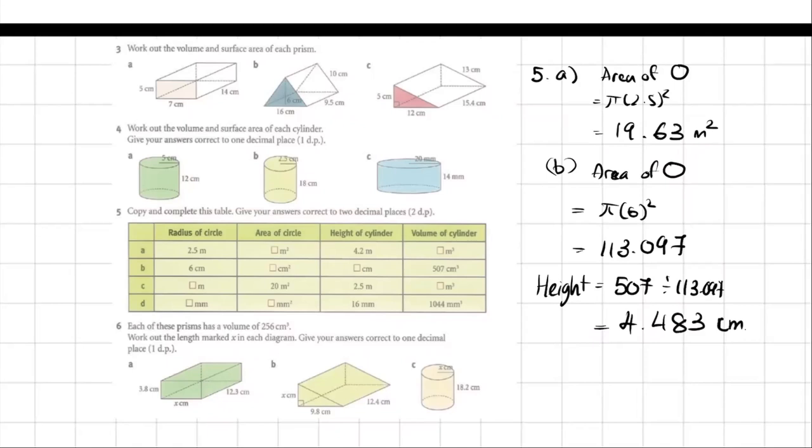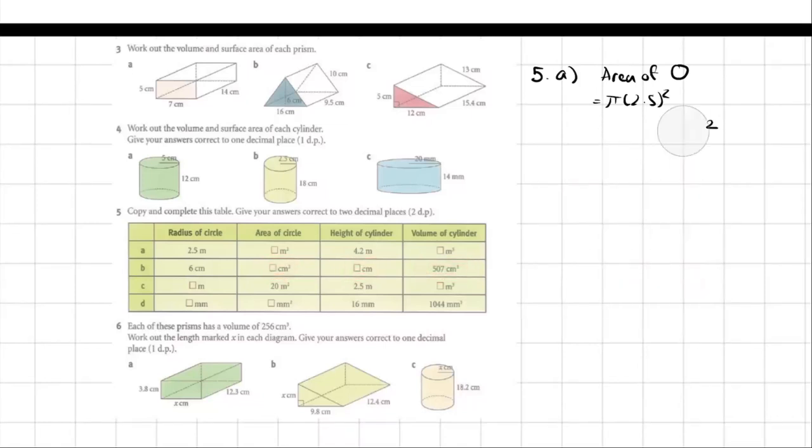Because you need to use this multiplied by this to get this. So in order to get the height of the cylinder, you use the volume of the cylinder divided by the area of the circle, then you get the height of the cylinder. Then we look at 5C.